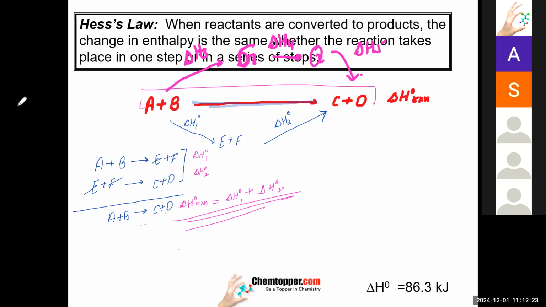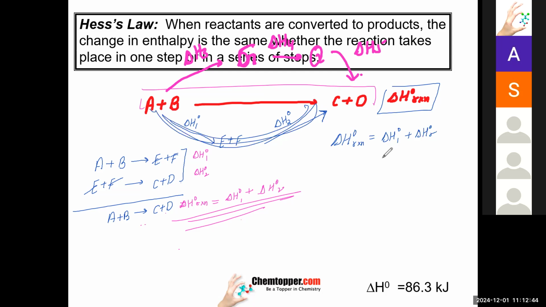multiple paths, but delta H naught of the reaction will always remain constant, and it is equal to delta H naught 1 plus delta H naught 2, if I'm going by this method, which is also equal to delta H naught 3 plus delta H naught 4 plus delta H naught 5, by this method.